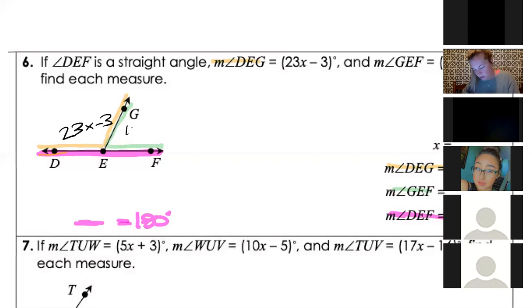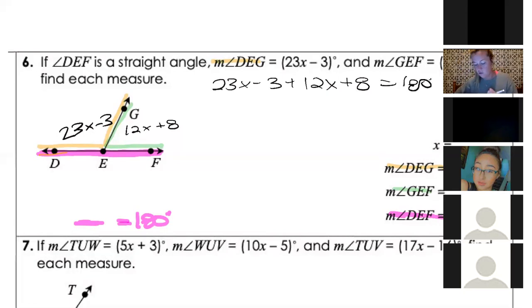I'm just trying to make it a little easier for you. If we take the insides, orange and green, and add them together, it's going to equal 180 degrees.